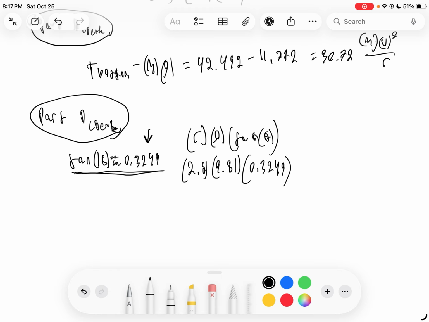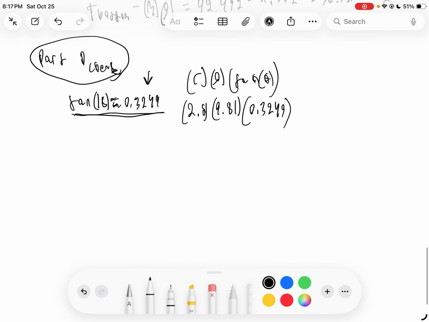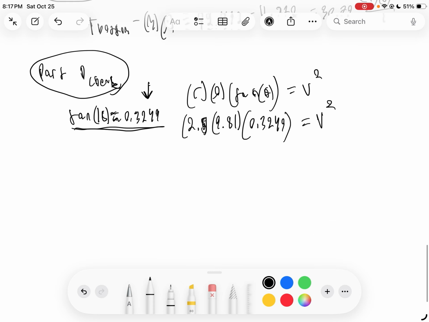From here, you plug it into pretty much the exact same equation we used back in part D. So that'll be the radius times gravity times the tangent of theta, and that is equal to the velocity squared. So plugging in the values, we know our radius was 2.5, we know the gravity was 9.1, and of course we found the tangent value over here. And that is of course equal to the velocity squared, which is what we're trying to find.